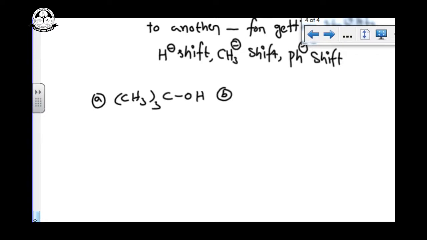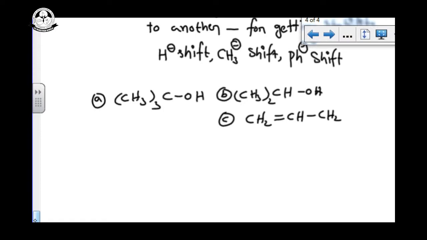Second example, a secondary alcohol, (CH3)2CHOH. Third example, allyl alcohol, CH2 double bond CH single bond CH2OH. This is a third degree alcohol, this is a second degree alcohol, and this is allyl alcohol.